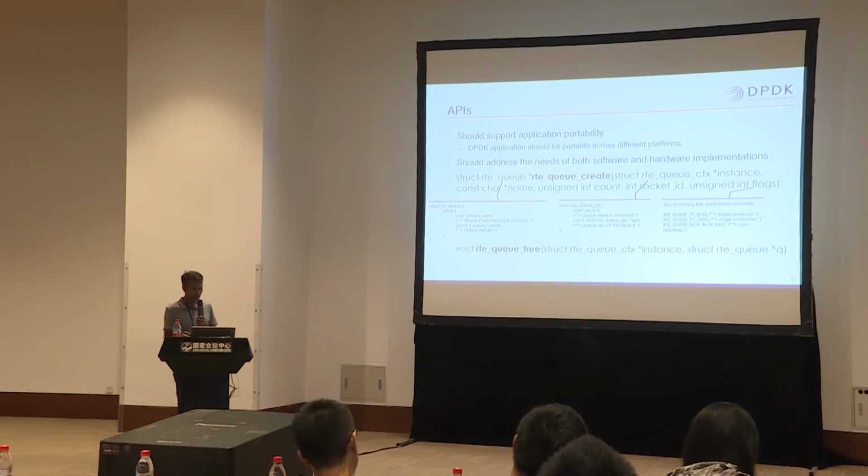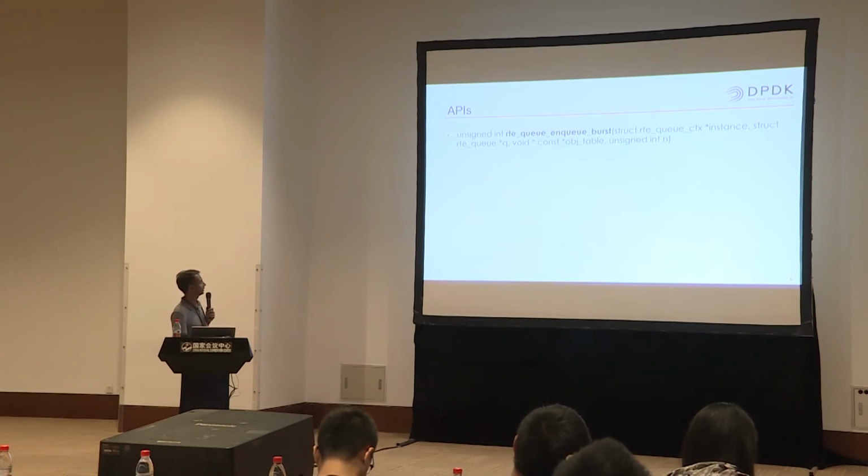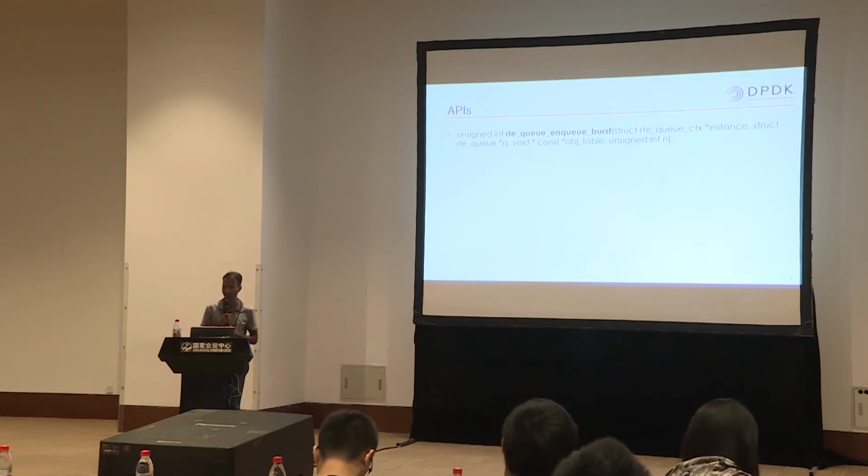So after that, queue free, very straightforward. So next, I have got the enqueue burst. One of the concerns I have is passing this RTE queue context to all these APIs.